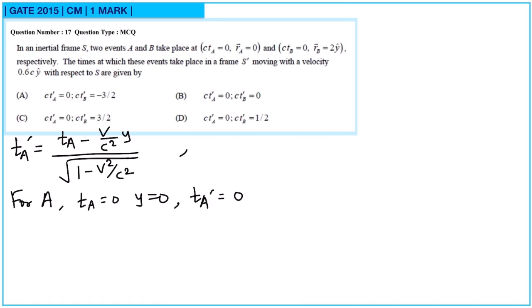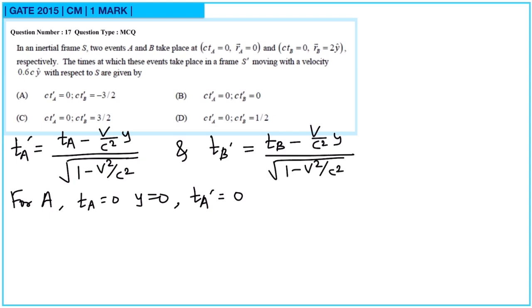Similarly, t_B dash will be equal to t_B minus V by c square y, upon under root 1 minus V square by c square. Now for B, we have t_B is equal to 0 and y is given as 2.